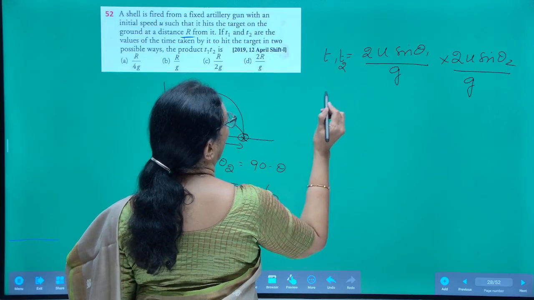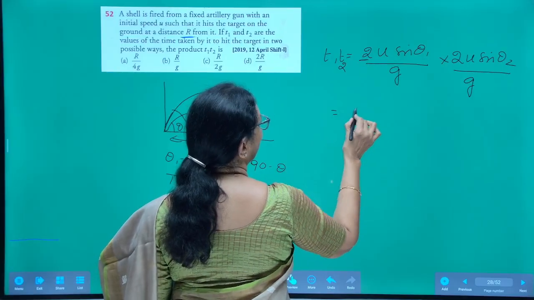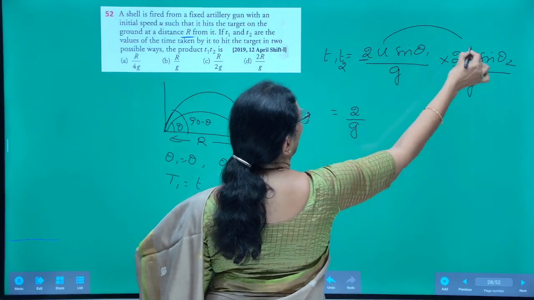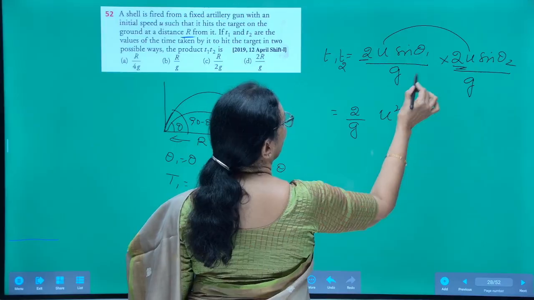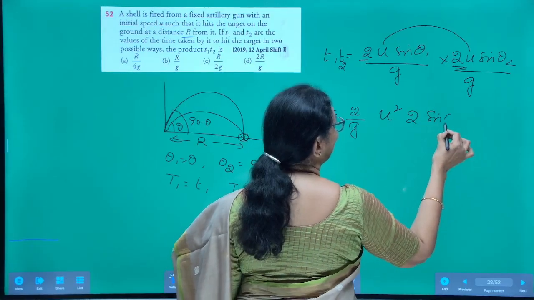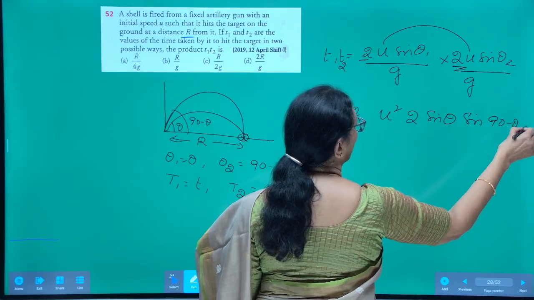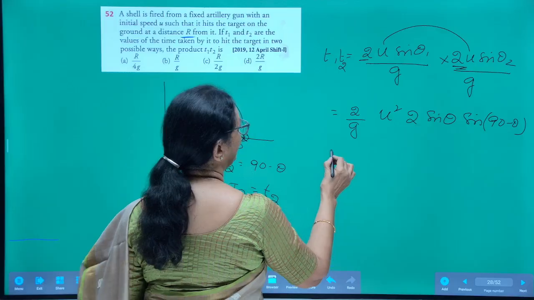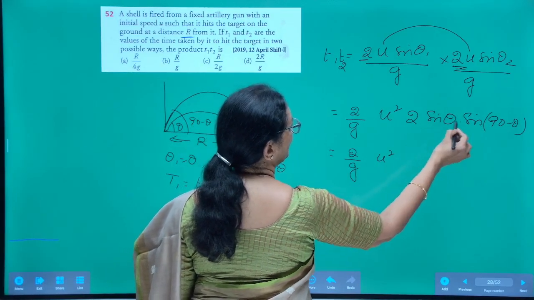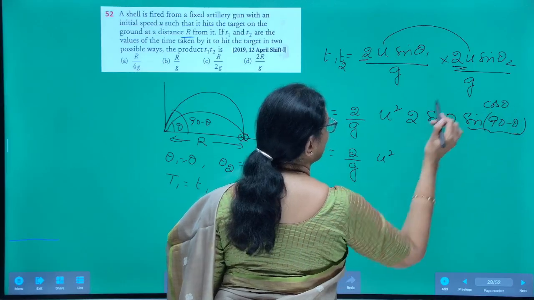Look here, just take this 2 by g outside, you are left with u square, 2 sin theta 1 is theta, theta 2 is 90 minus theta. Do you understand? So, this is 2 by g, u square, 2 sin theta, sin 90 minus theta is cos theta.